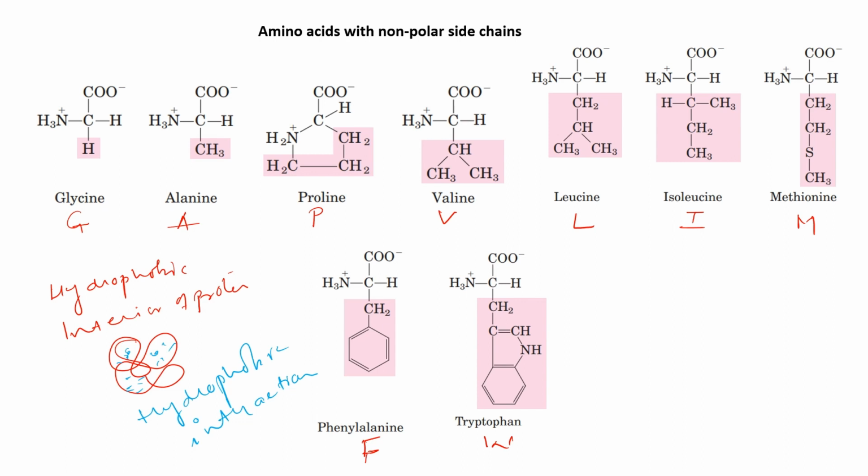For a soluble protein, that is so. If we talk about a transmembrane protein, this is a membrane, and if any protein is present like this, it is known as a transmembrane protein. So this part is soluble, this part is soluble, but the part which is present between the lipid bilayer should be non-polar in nature.